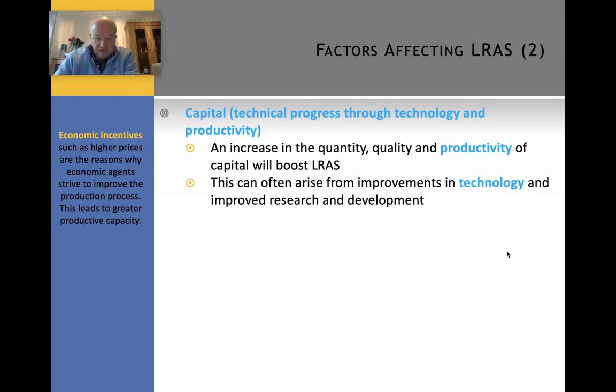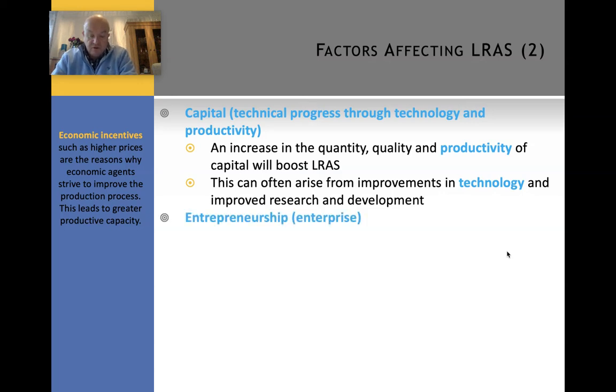Maybe it's research and development, maybe it's improving the quality of the products that we're producing, innovating, coming up with new ways of satisfying consumer needs. That is also likely to improve productive efficiency too. So there are a number of reasons why capital and technical progress should improve productivity.